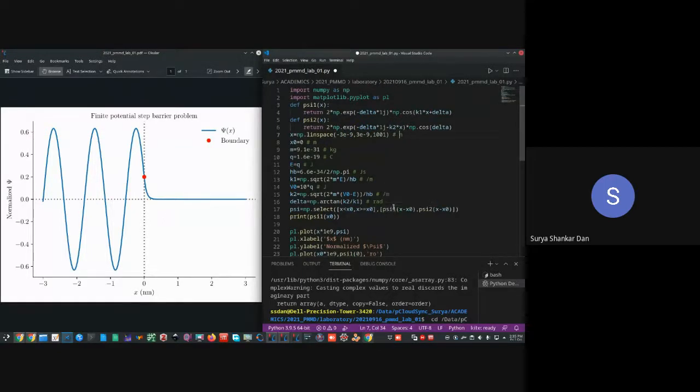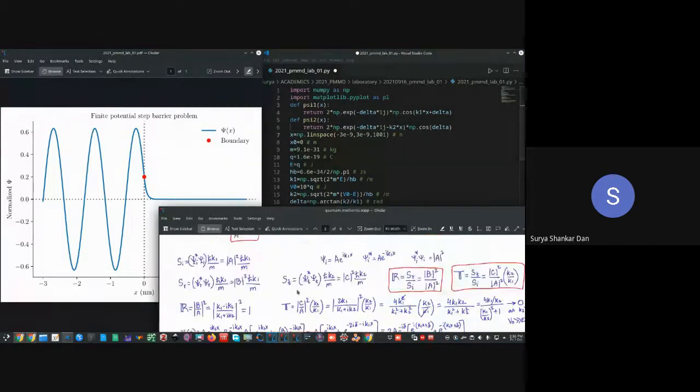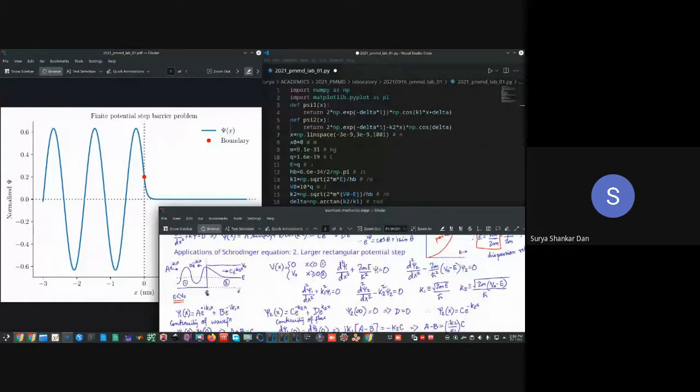Now x0 is something which I have deliberately put as a separate quantity. x0 is the exact location of the barrier. If we get back to our class, you will notice I have put 0 over here, but there is no necessity that this boundary has to be at 0.